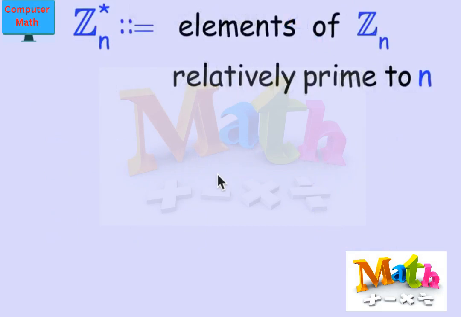Okay, now the rules that we already figured out for when you can cancel in congruence translate directly over to when you can cancel in Zn. And now there's a standard abbreviation that's useful to use here. If I write Zn star, what I mean is the elements in Zn that are relatively prime to n, the elements whose GCD with n is 1.